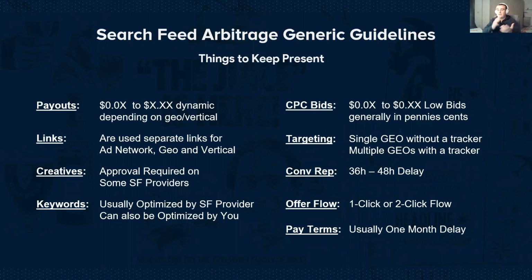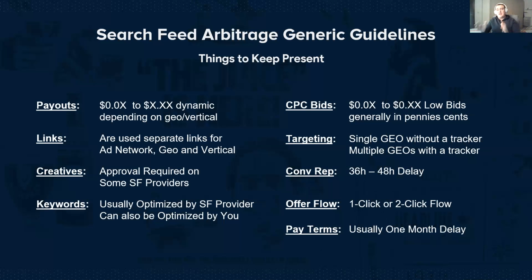Then the links that we get for each vertical or each keyword group are specific to a specific traffic source, keeping in mind the competition, the bid levels on that ad network, as well as the traffic quality.